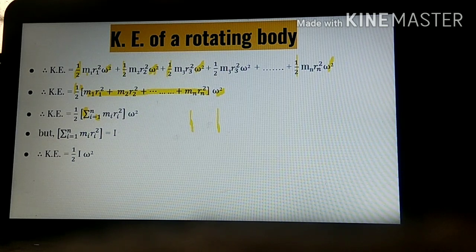So it will be half m1 r1 square omega square plus half m2 r2 square omega square, where i is taken as 2 and r is also taken as 2. We have to go from 1 to n, so last will be half mn rn square omega square.